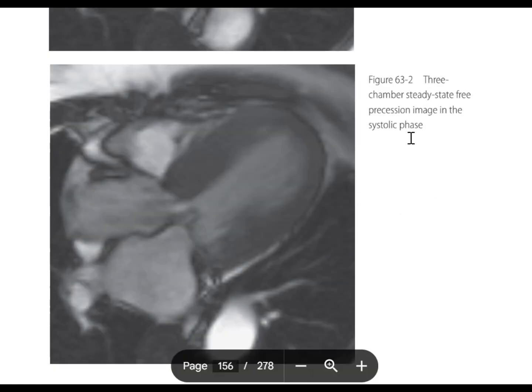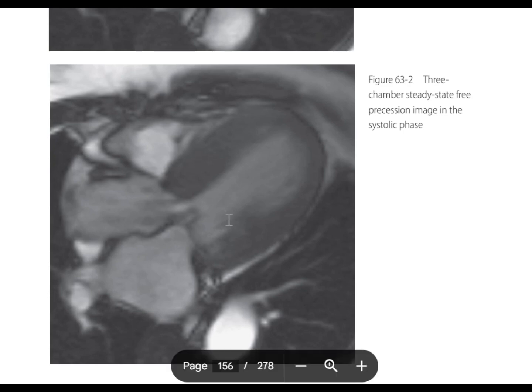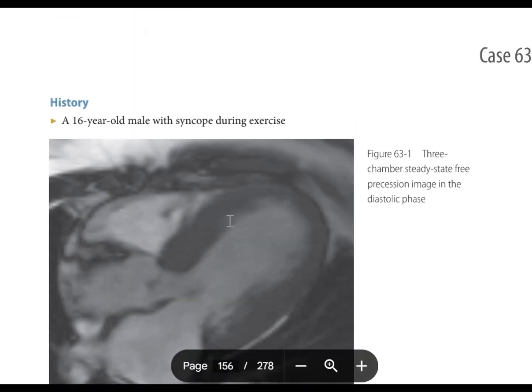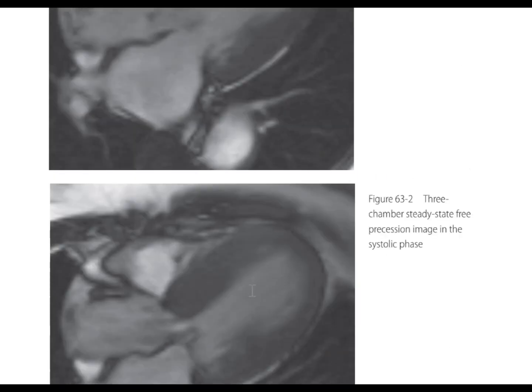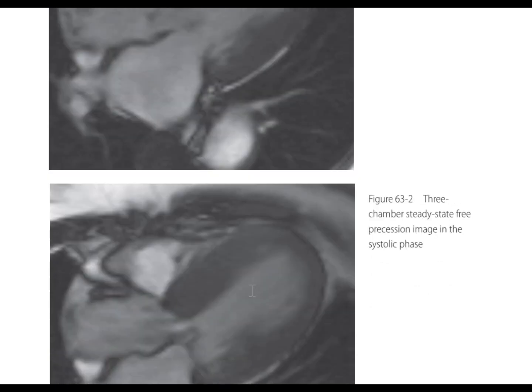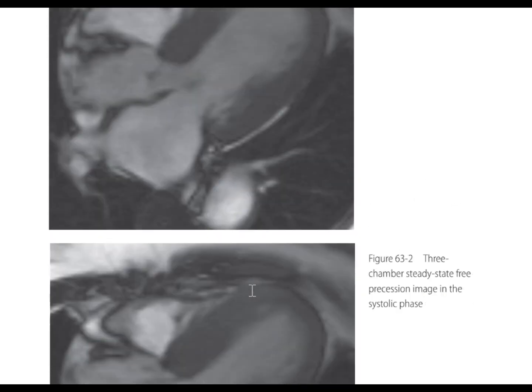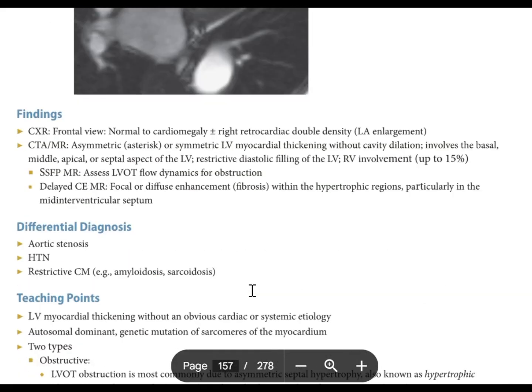So here this is the image in the systolic phase, during the systole, and this is the image during the diastole. There's no difference between both images, indicating diastolic failure.